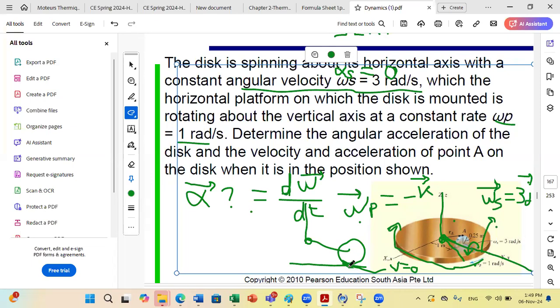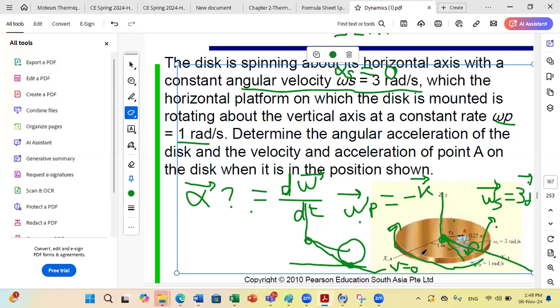Then this will be the instantaneous axis of rotation. So in 3D, sometimes if points of zero velocity are clear, it is enough to know two points with zero velocity to determine the instantaneous axis of rotation.